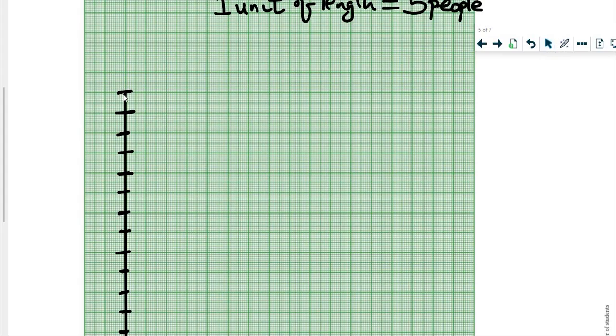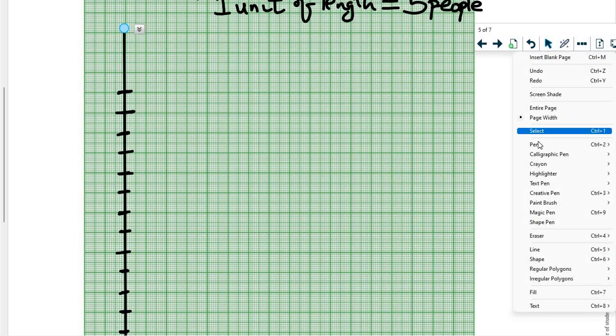So you can extend this line, make it a little bit longer, and stop there.